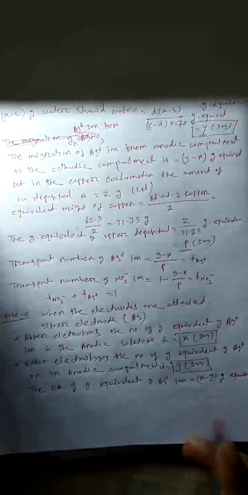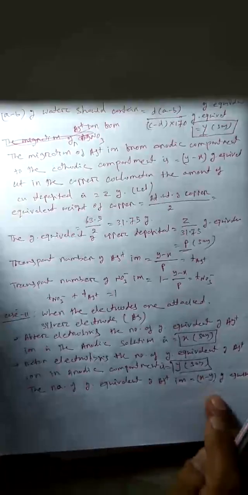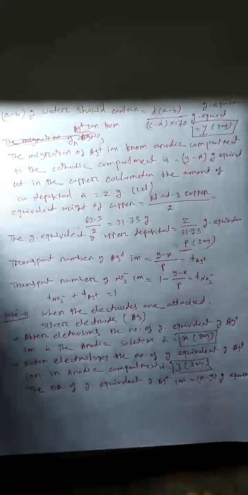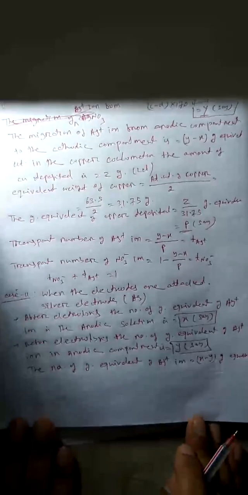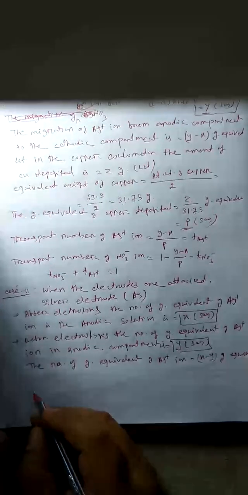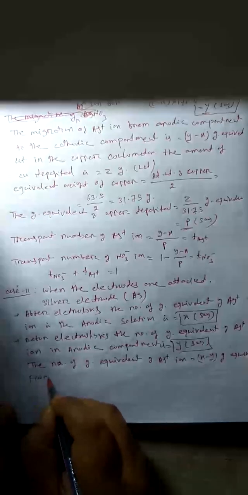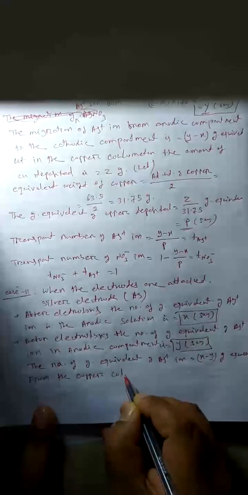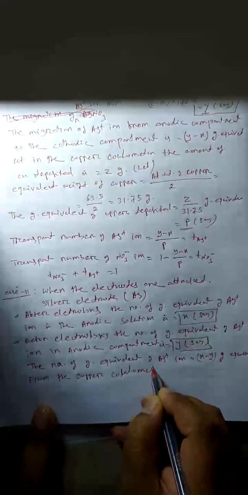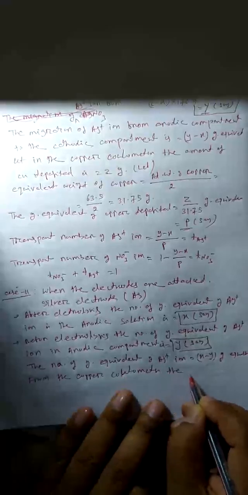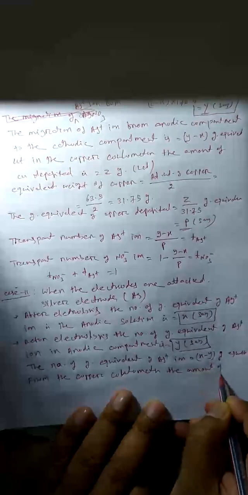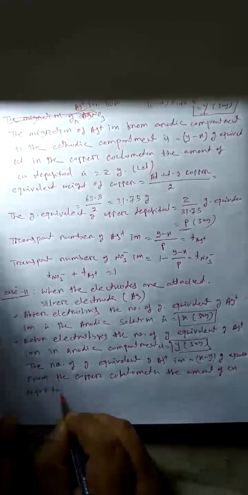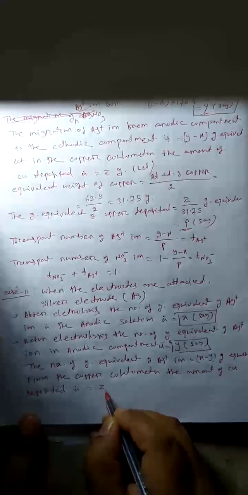That means in the experiment we see that 80 gram equivalent. But theoretically, what should be the silver ion in the anodic compartment? From the copper coulometer, the amount of copper deposited is let Z gram.